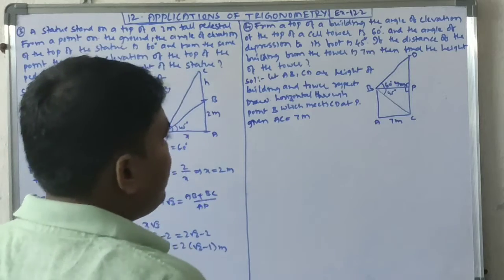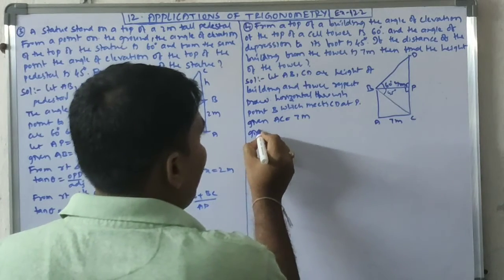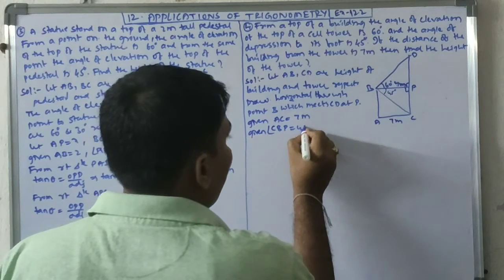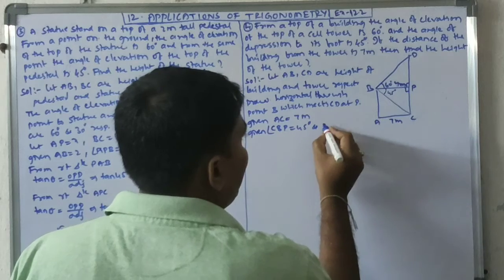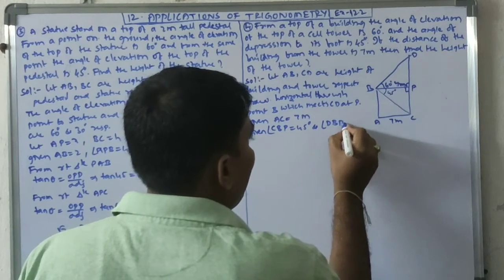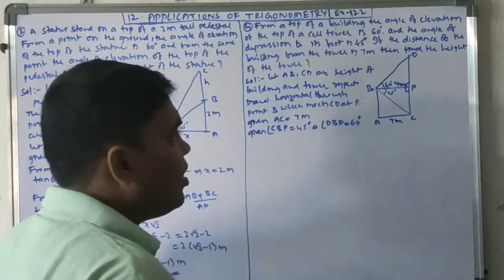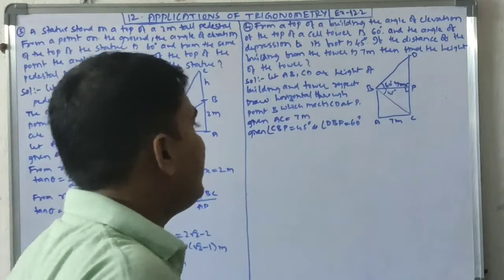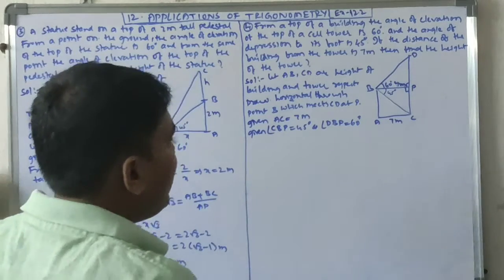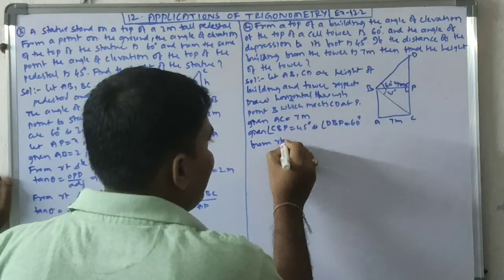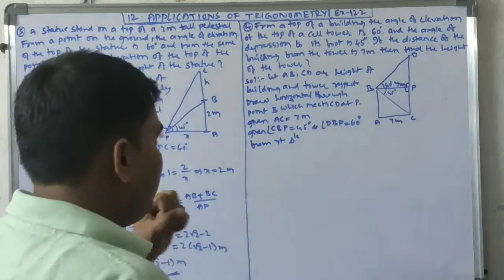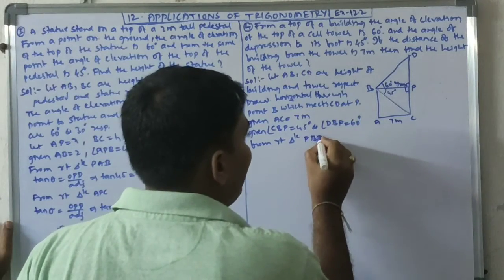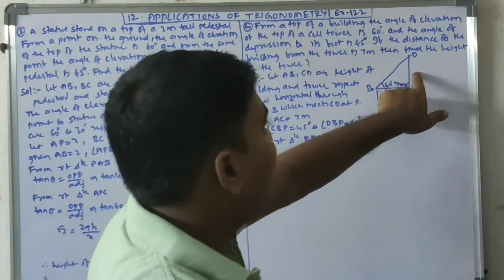Now, first given: angle CBP equal to 45 degrees and angle DBP equal to 60 degrees. These two angles are given. From right triangle PBD, I want to find this one.